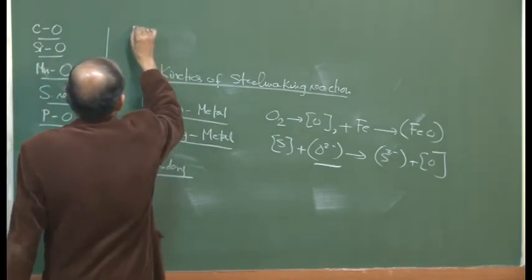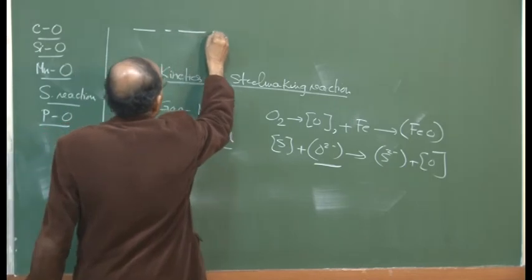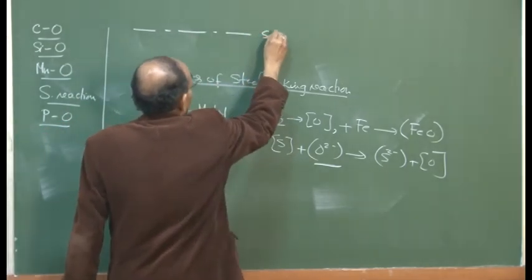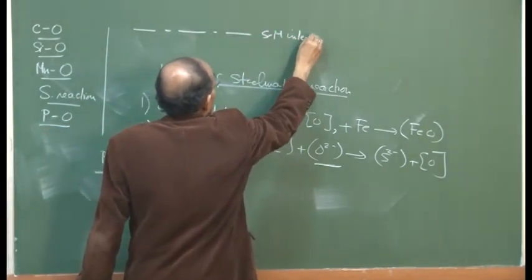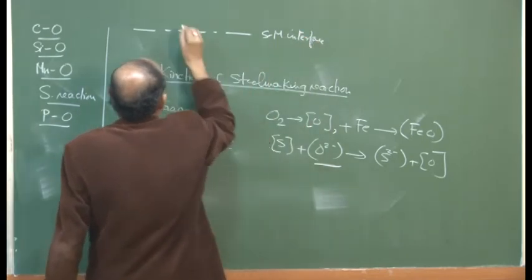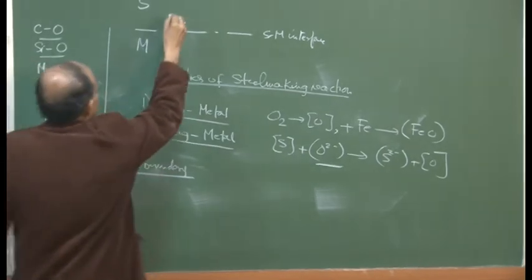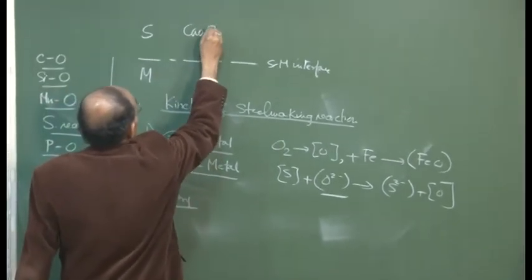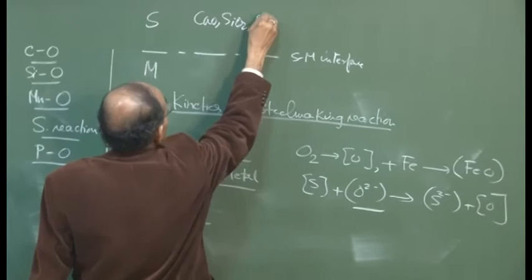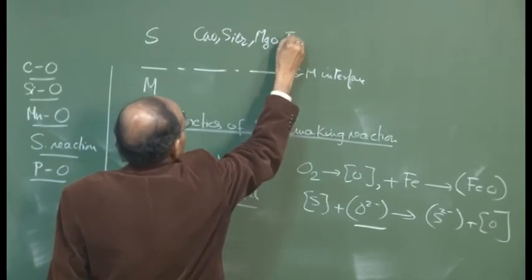Suppose you say that this is our slag-metal interface, SM interface, and this is slag and this is metal, and the slag contains CaO, SiO2, MgO, FeO.